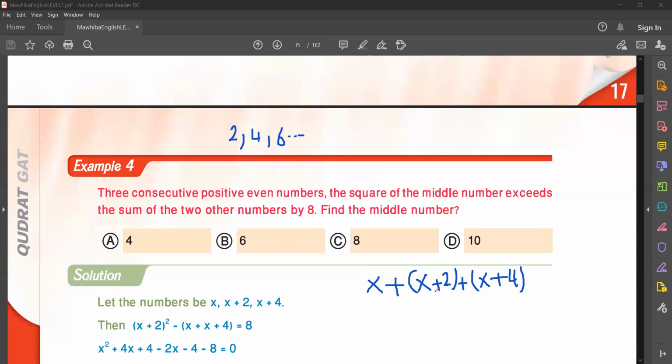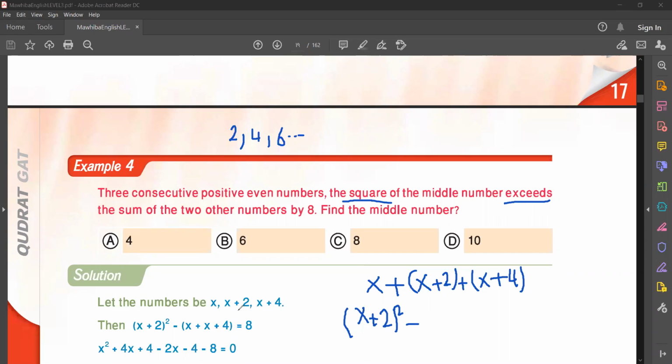Now he said the middle one, x plus 2, you square the middle number. Now we write x plus 2, the second number, and I put it here squared. And he said it exceeds the sum of the two other numbers.